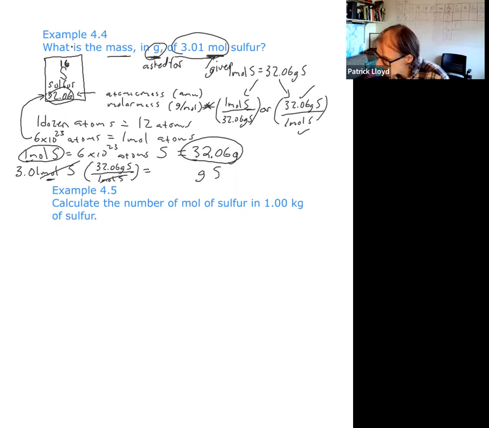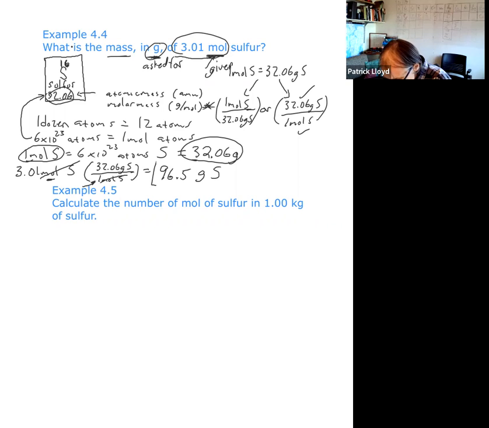If you need to watch that a couple of times, go ahead and watch it a couple of times. But that's essentially what we're doing. So now 3.01 times 32.06. Technically, you then divide it by 1. There's a 1 down there, but we all know that dividing by 1 is going to give you the same number. So what does that give you? That gives you 96.5 grams.